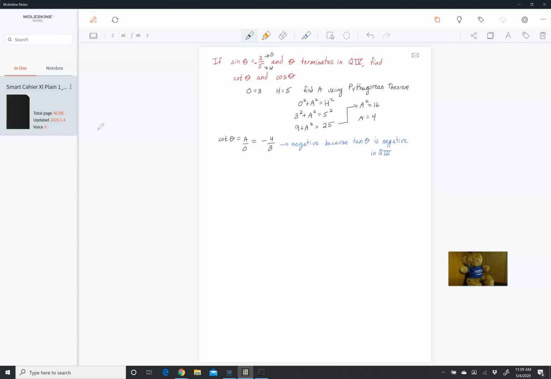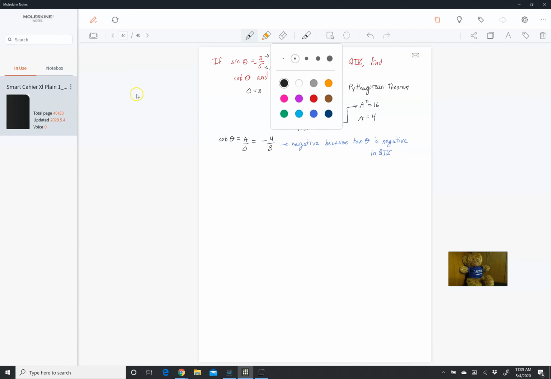Okay. Whatever the trig function is, that's what the reciprocal trig function is. So if cosine were positive, then secant would be positive. If sine were negative, cosecant would be negative. Okay. So we found the cotangent of theta.